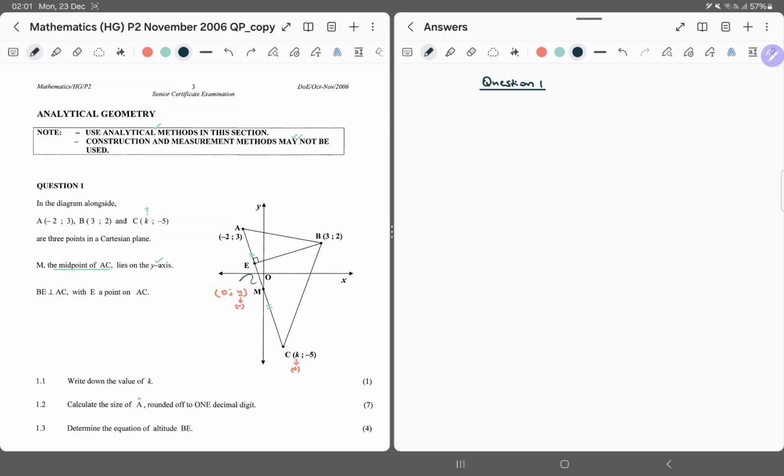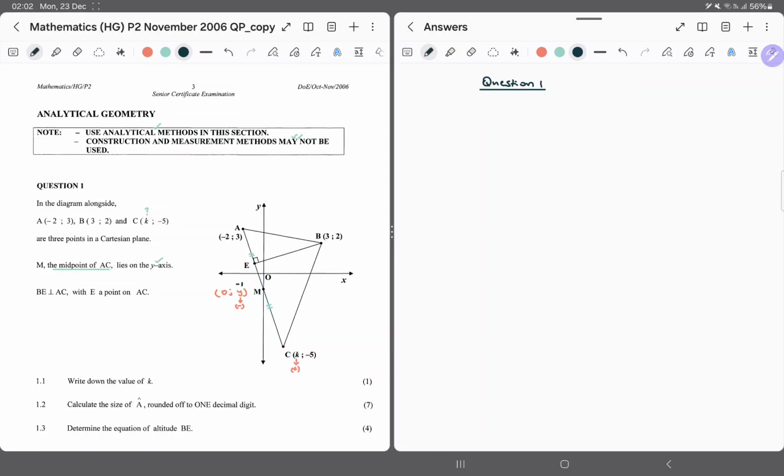Now we've got the coordinates of M. That means we can find the gradient of this line AM, because these are collinear points. We find that gradient, we substitute a point, we get an equation of this line. From the equation of this line, we can substitute point C and solve for k. So we can actually find k that way.